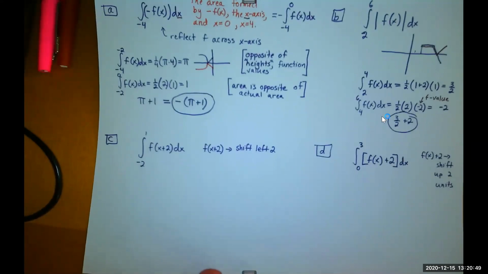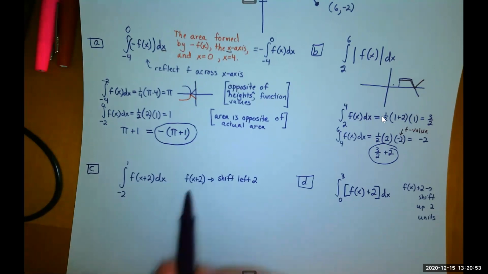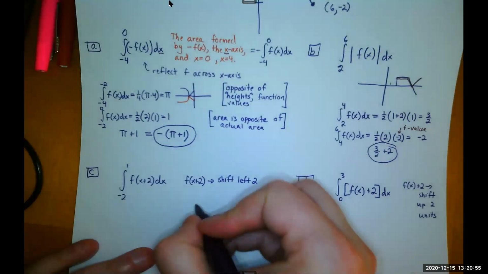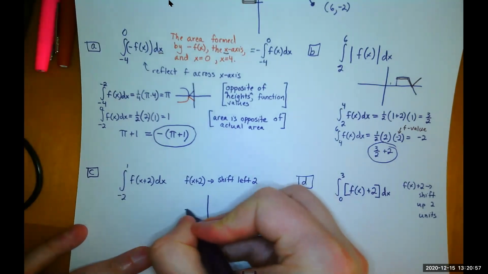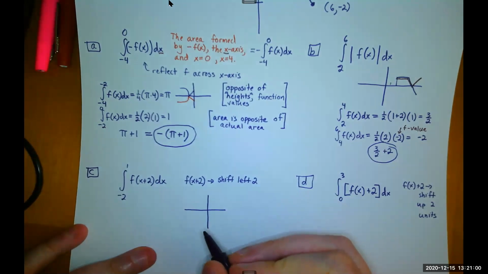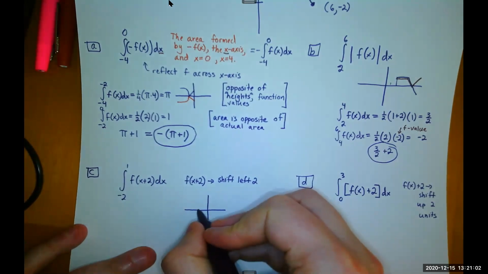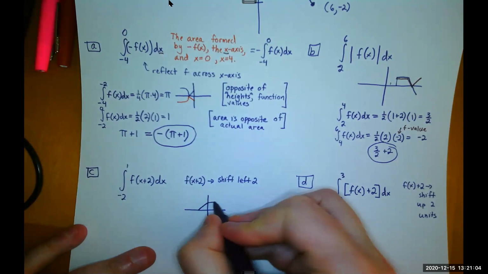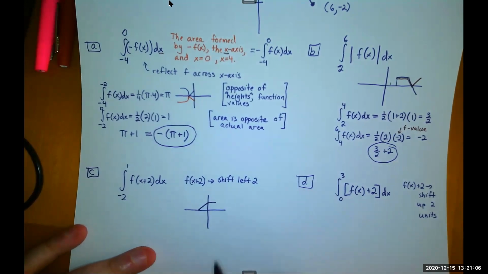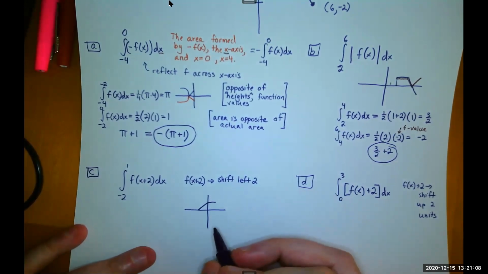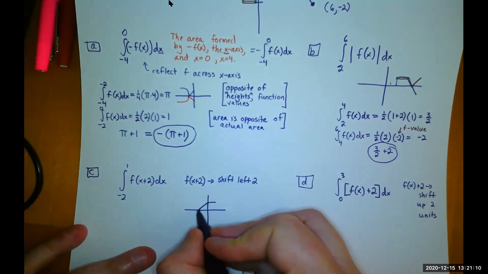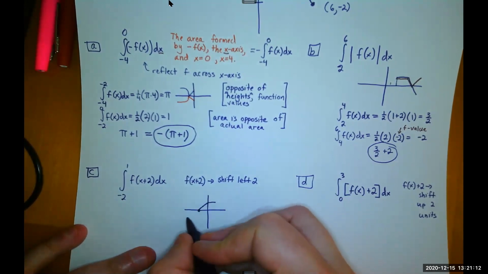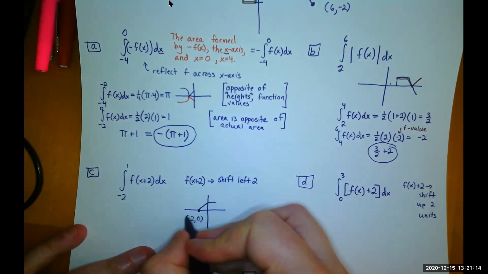Okay, to finish up the recording, we're going to shift left 2 units. So the function from -2 to 1 looks like this. So we're going to go left 2 units. So this point right here is the point -2, 0.